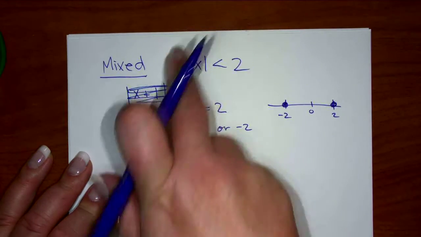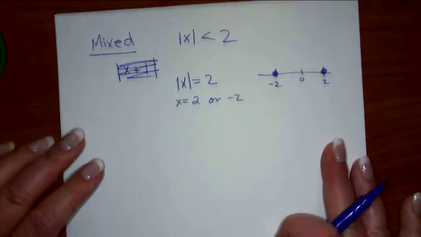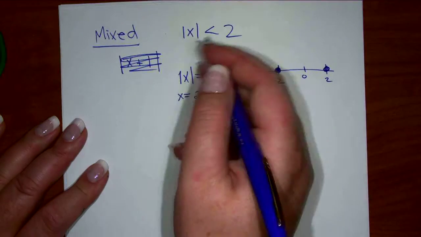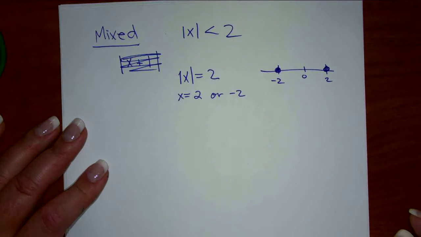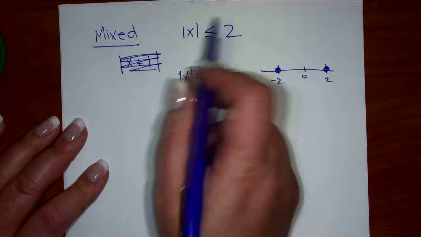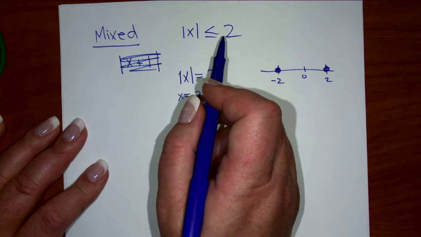What would this be with the inequality? What other number would work in here besides, well, let's put an equal sign, besides 2 and negative 2? What else would work? 1, negative 1, 0. Those are all less than 2 away from the origin.